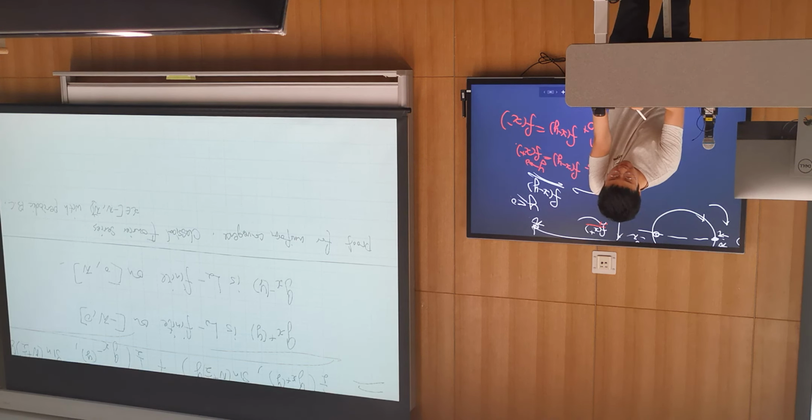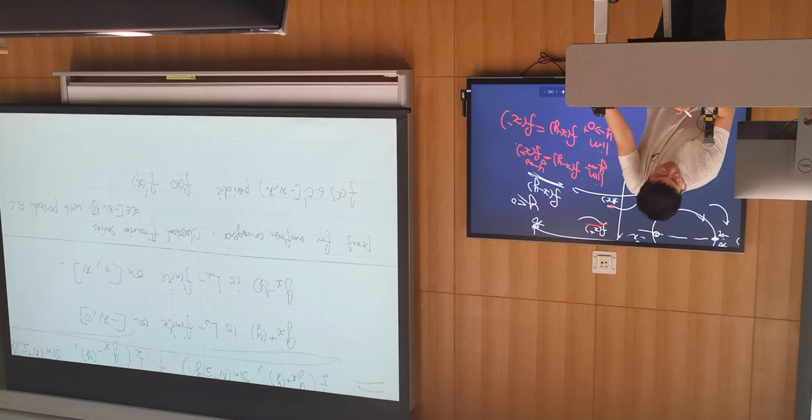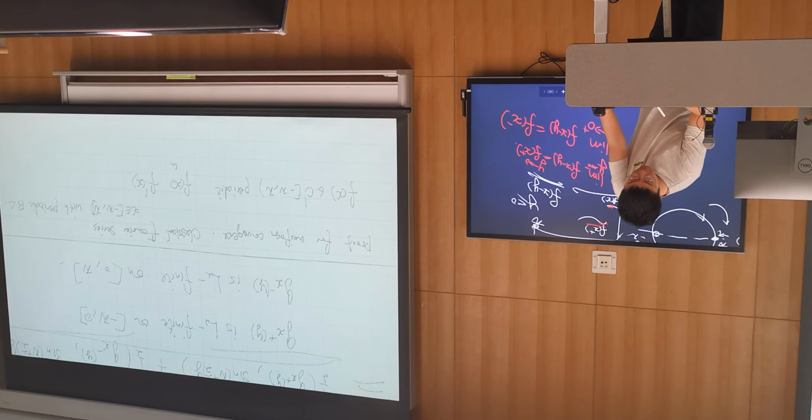We only require that f(x) belongs to C1 on negative pi to pi with the periodic boundary condition, which means that f(x) exists, f prime x is also continuous, and it has period 2 pi.